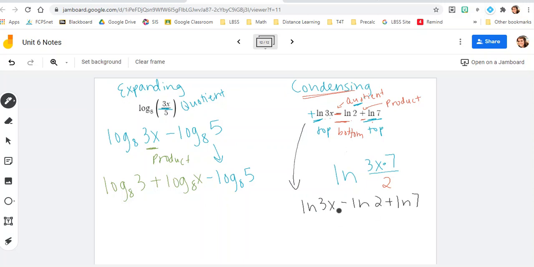If we start with this being quotient rule, then we have ln of 3x divided by 2 plus ln of 7. And then we've got the product rule. So then we get ln of 3x times 7 over 2. We still end up with the same thing, just 2 different approaches.